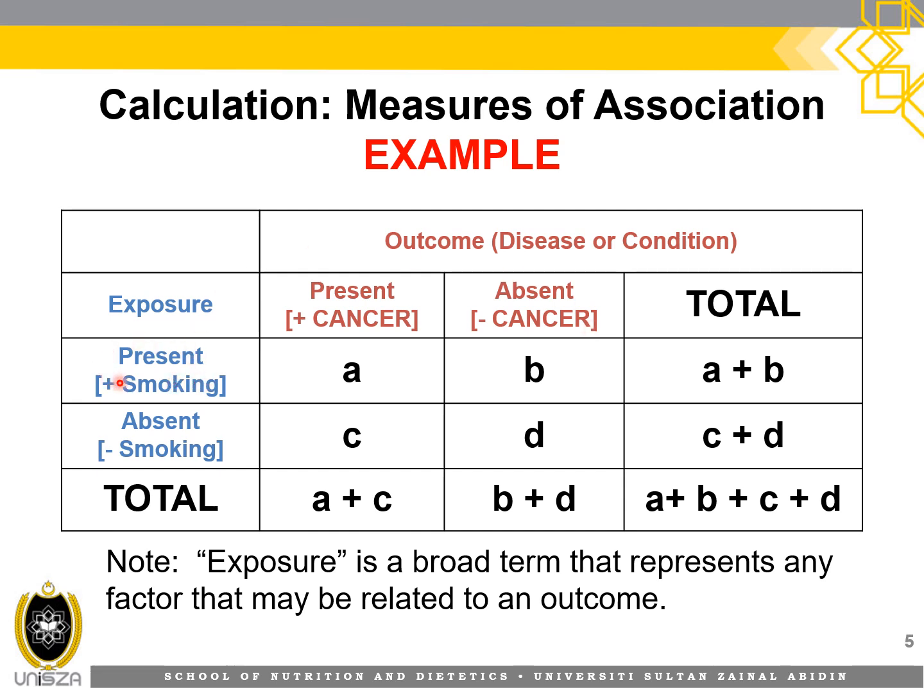In the present exposure group, these are the smokers or those who are exposed to smoking. And in the absent group are those who are non-smokers or not exposed to smoking.